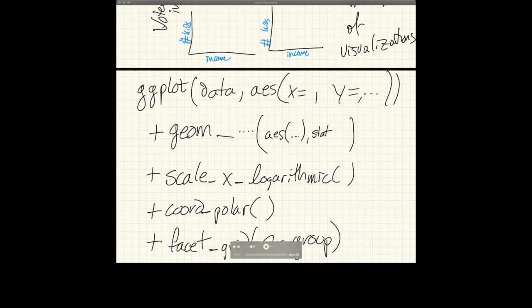Everything in ggplot is something in this category. Either you're faceting, you're changing the coordinate system, you're dealing with scales and guides, or you're dealing with the geometry. That's it. ggplot is a way to talk about the interactions between these components.